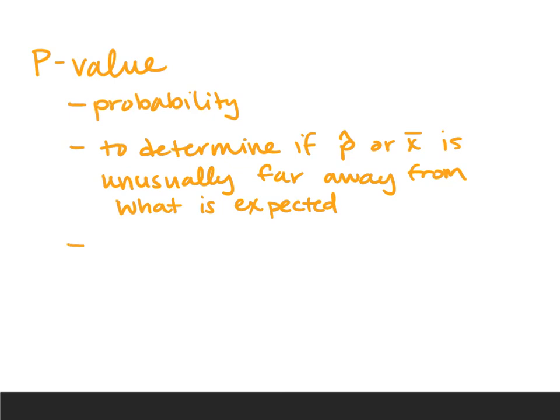And really, I think that might be it. We may not need that third dash. It's just a probability that helps us determine whether or not we have a statistically significant sample that makes us stop believing the null hypothesis. So let's see what that looks like on the calculator, and then we'll look at a couple of examples.